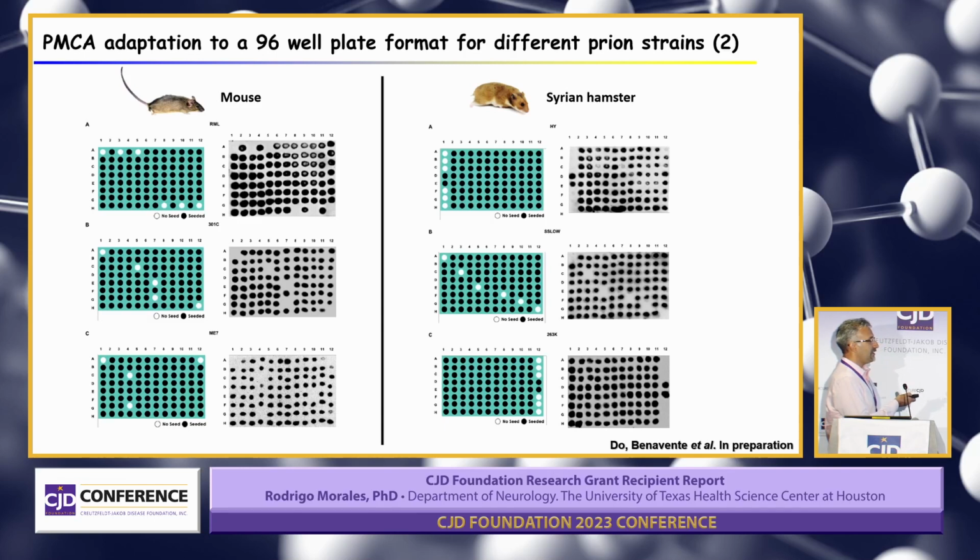As you can see in this cartoon, the black dots represent seeded reactions, so they should be positive. The white ones, unseeded reactions, should be negative. And you can see that the PMCA with the optimized system is performing very well. Actually, we optimized it to avoid false positives and false negatives. That was a lot of work too. But this is the final result for these different prion strains.